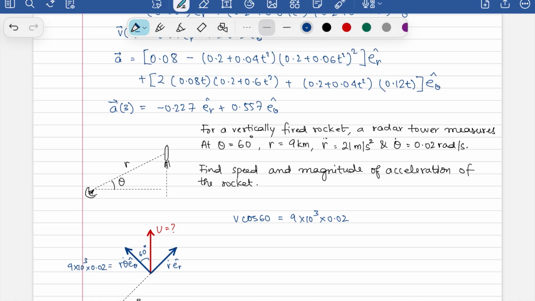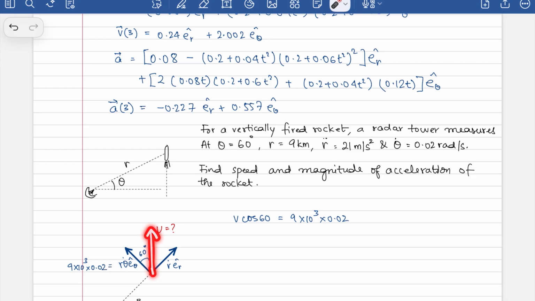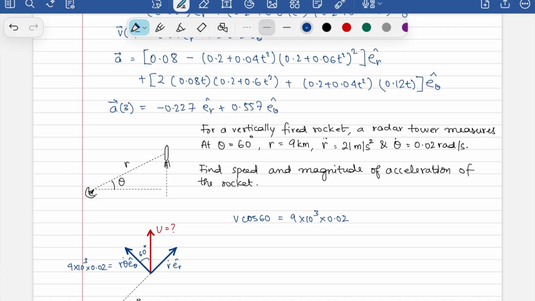Does that make sense? I hope so. The component of this along this direction is V cos 60. Okay, that's all I did. So with this, V is equal to, if you were to divide by cos 60, you will get 360 meters per second.